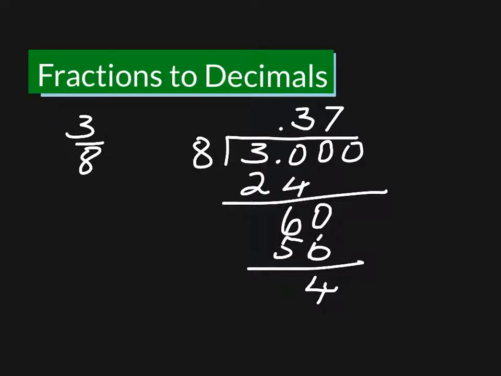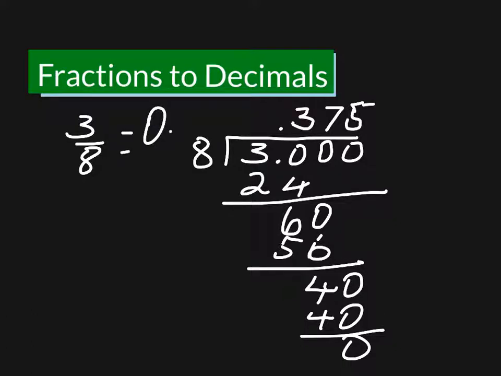So we'll add another 0. How many times does 8 go into 40? Well, it goes 5 times. 5 times 8 is 40. So now we have a remainder of 0. So 3/8 is equal to 0.375.